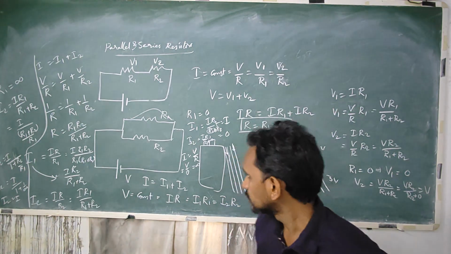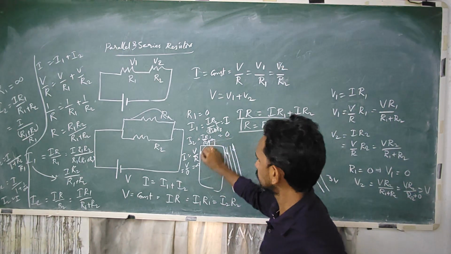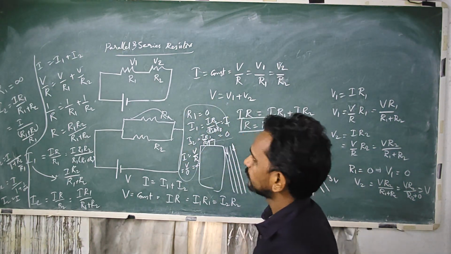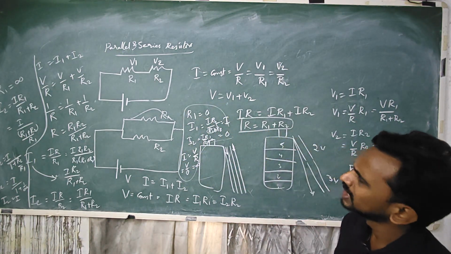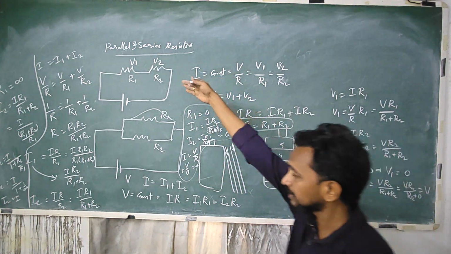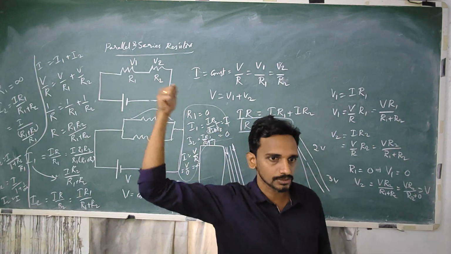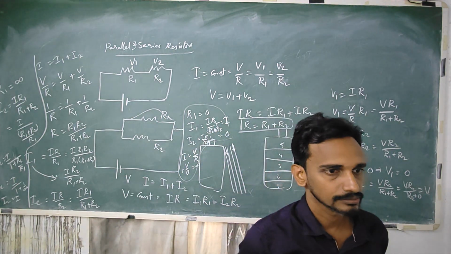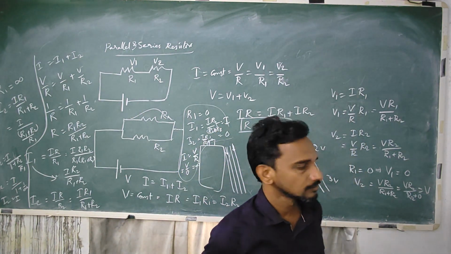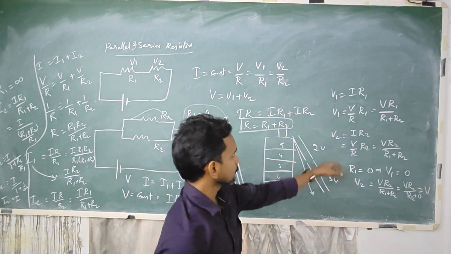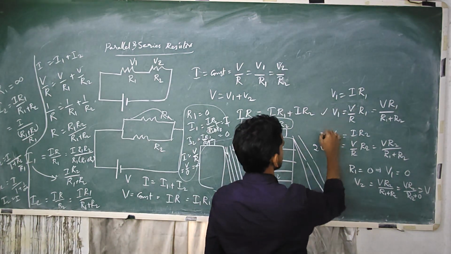Okay, so that is about parallel resistance. So what if I make R1 infinity? If I remove R1, what happens to the series circuit? R1 is infinity. This is V1, this is V2.